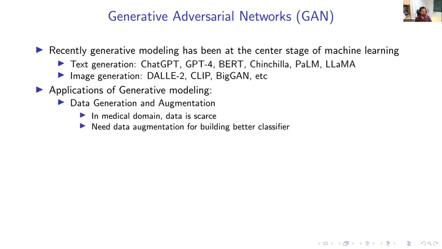Generative modeling has a lot of applications, and this is the reason why it's at the center stage right now. Just to list some of the important applications. For instance, it's useful in data generation and augmentation. In the medical domain, data is very scarce. For instance, let's say MRI images, the data is really scarce.